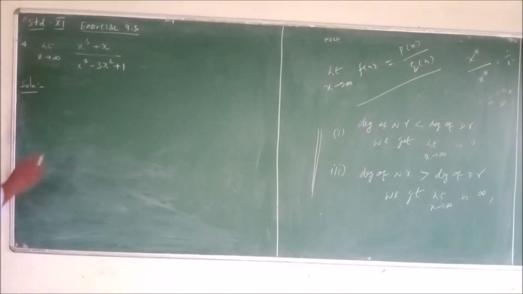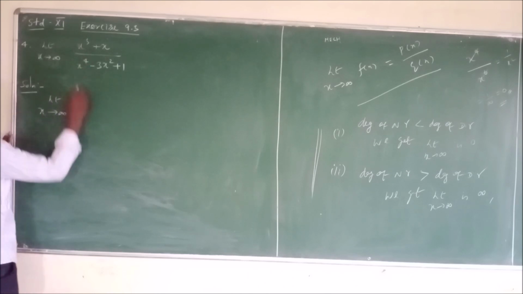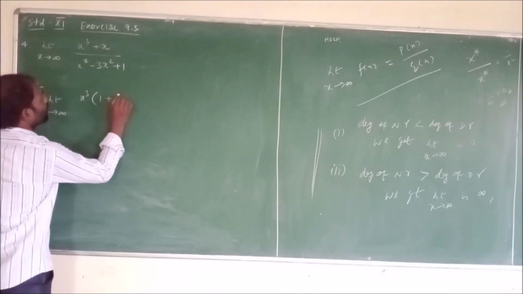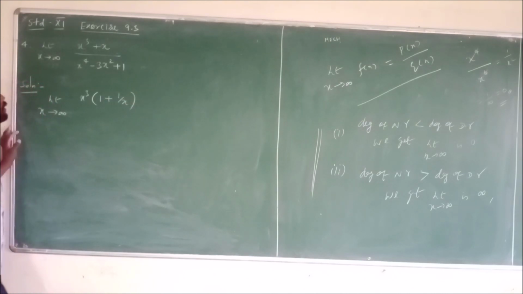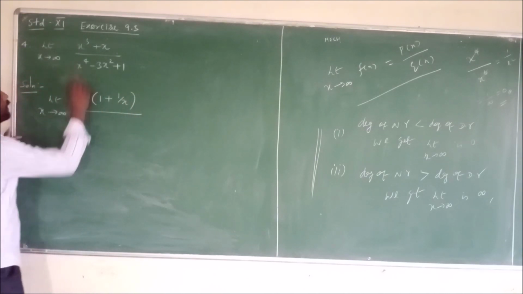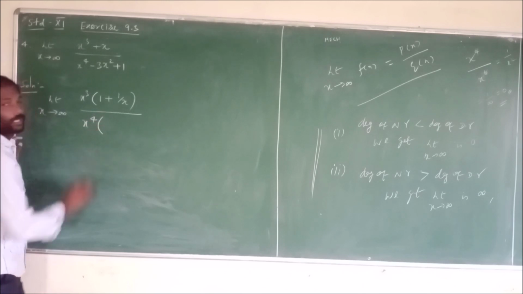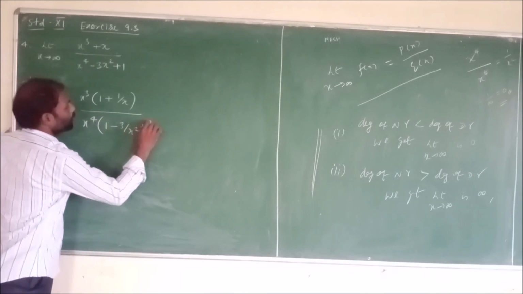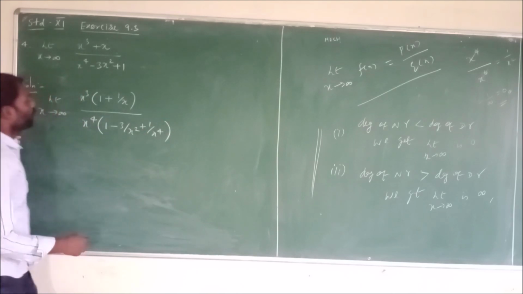First we take the limit x tends to infinity. Take x cube common in the numerator: 1 plus 1 by x. In the denominator, take x power 4 as the common term: 1 minus 3 by x square plus 1 by x power 4.